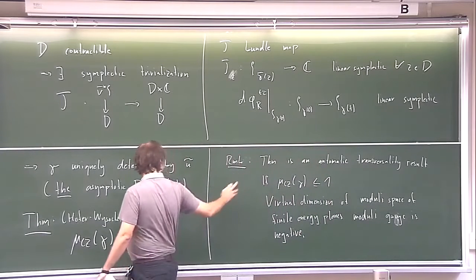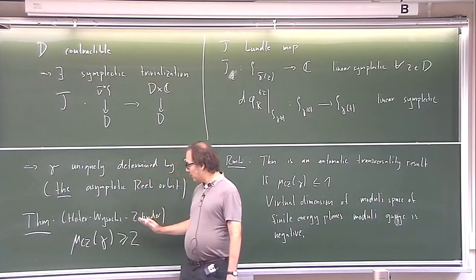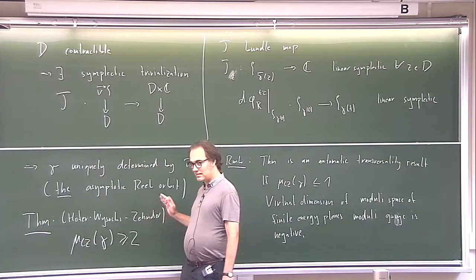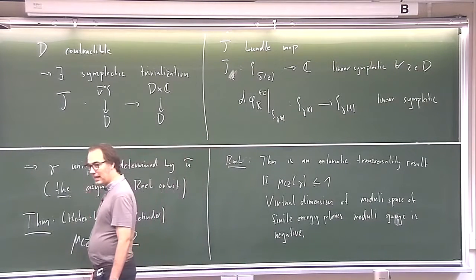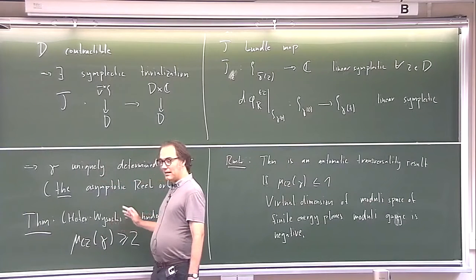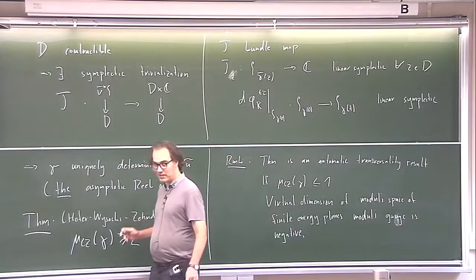But here we don't. Here we do an argument which just works in this low-dimensional case. Namely, we argue by winding number.